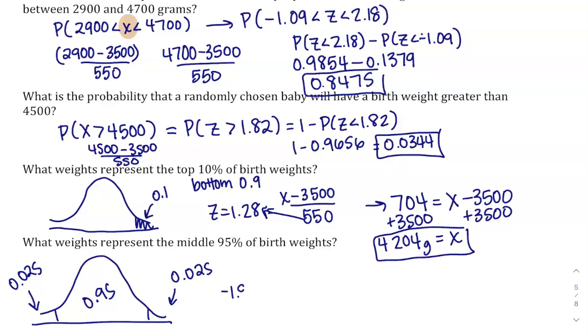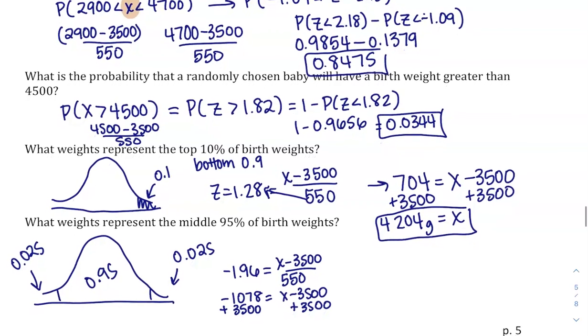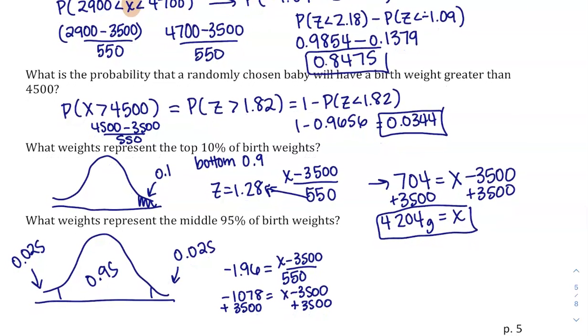So we'll start with a negative 1.96, and we're going to solve this. So we cross multiply, negative 1.96 times 550. We get negative 1,078. And then we add 3,500. And we're looking at the bottom of this range being 2,422.